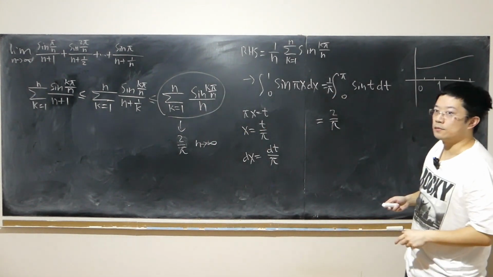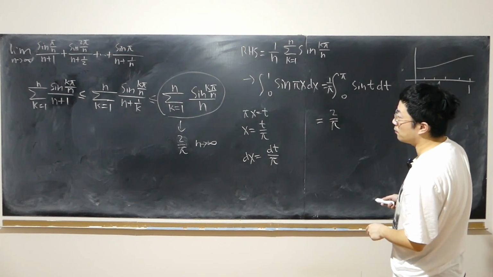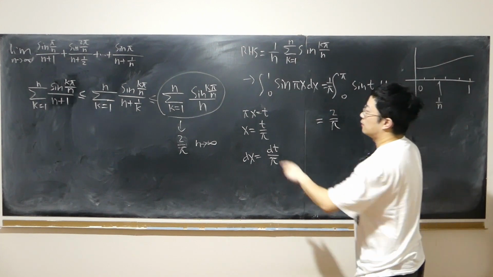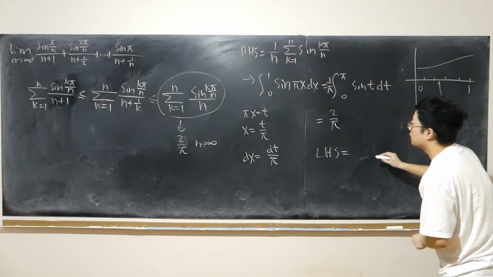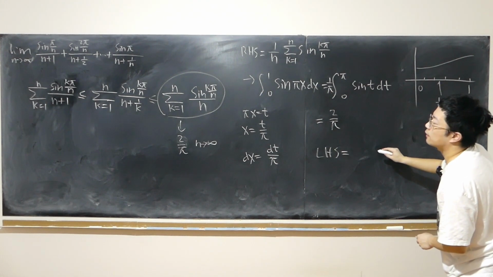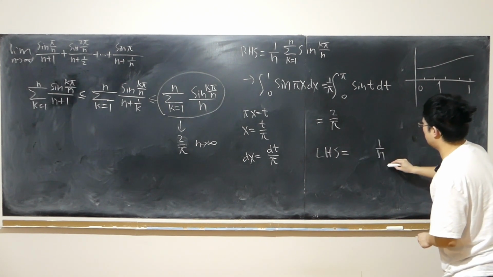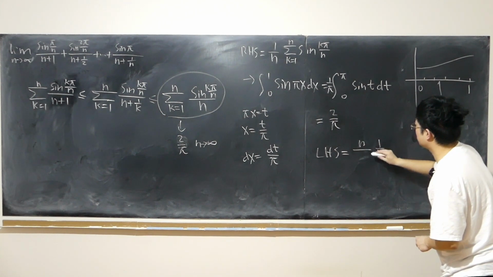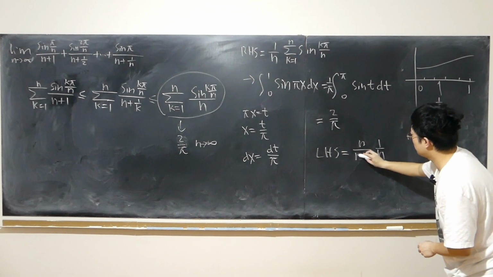I believe the left-hand side will have the same result, because the left-hand side is very similar. I want to make it look the same as this part, so all I need to do is multiply by 1 over n, and of course also multiply by n. Also factor out 1 over n plus 1.